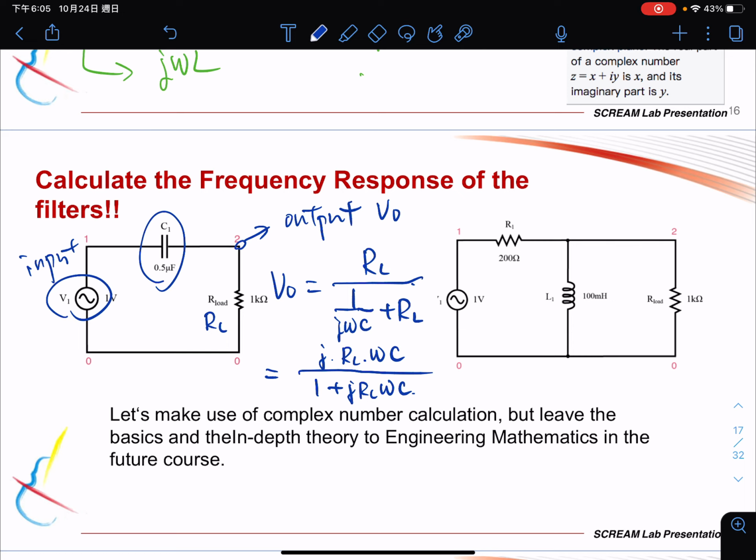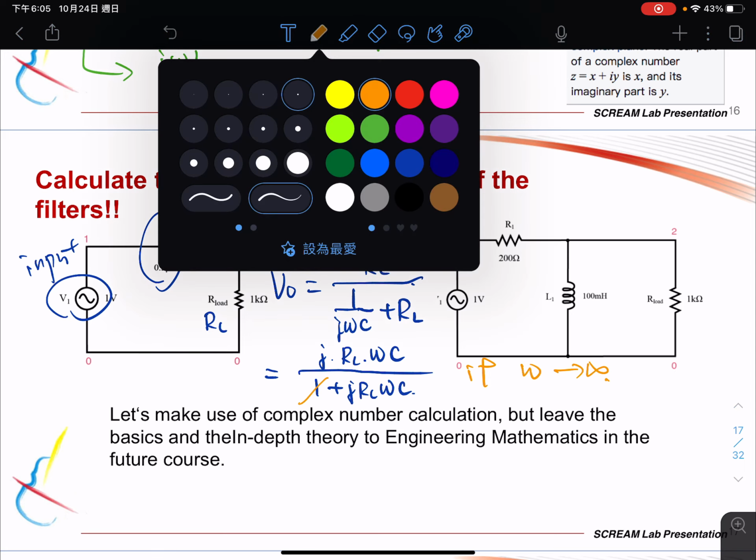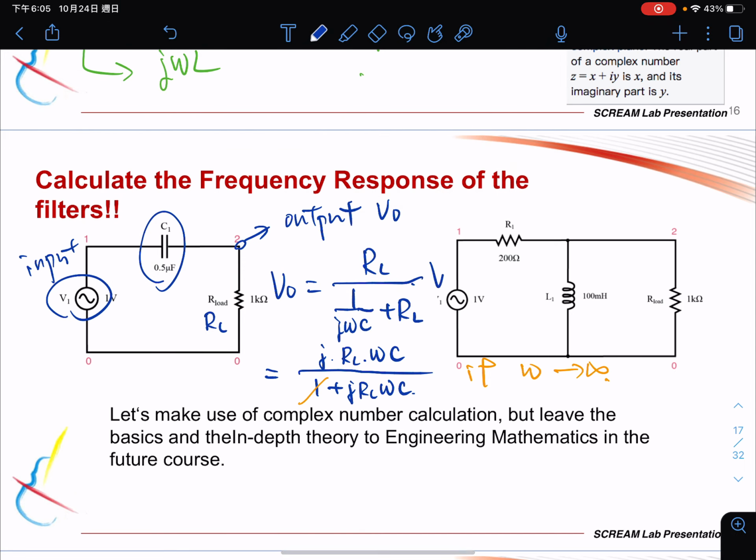Okay, so as we can see, if omega goes very high, goes to infinity, then we can neglect this one. And here we still have to write V in here.